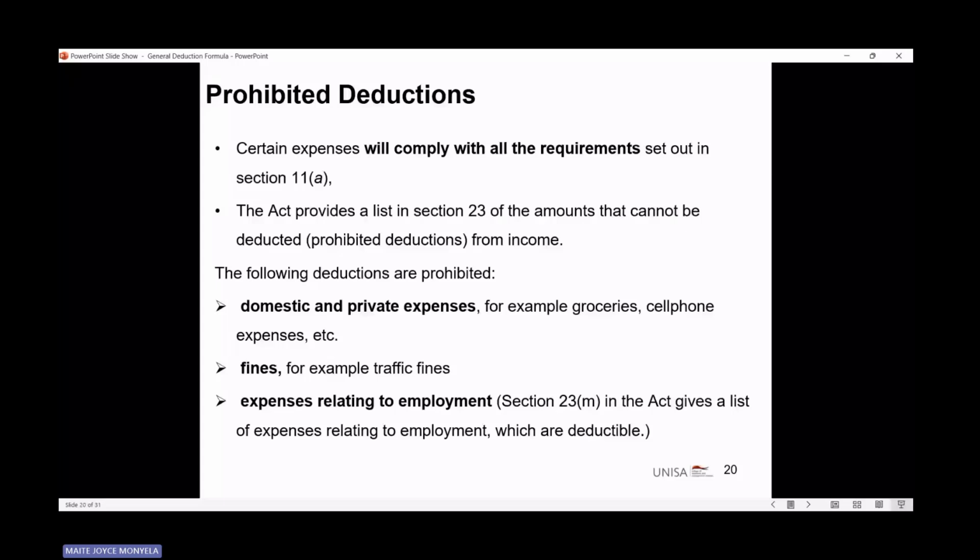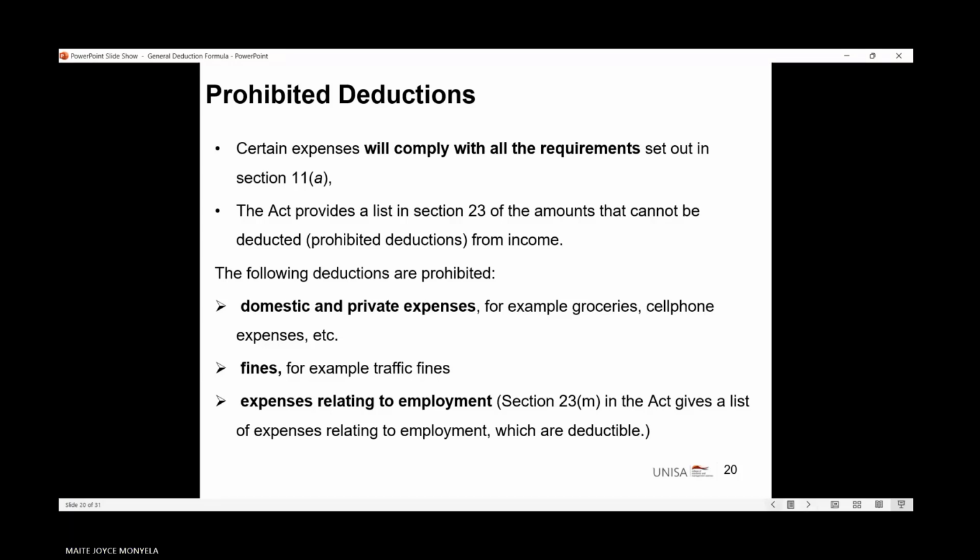So you must check the expenses under Section 23M which are deductible. Some are prohibited: domestic and private expenses and fines. However, we have a section which gives employment expenses deductions.